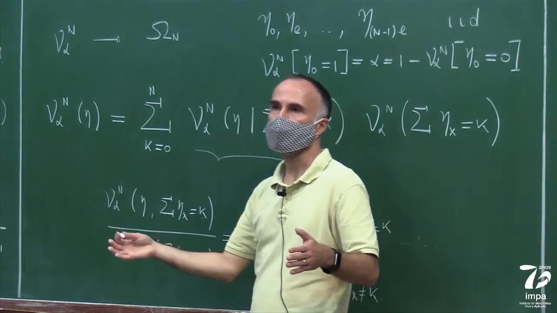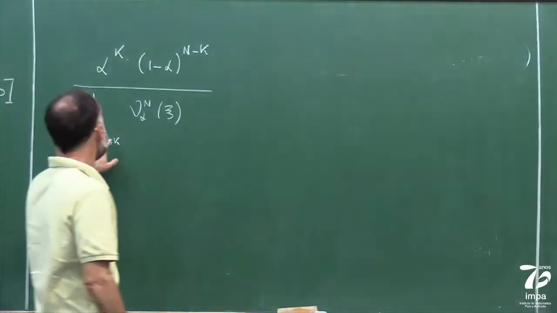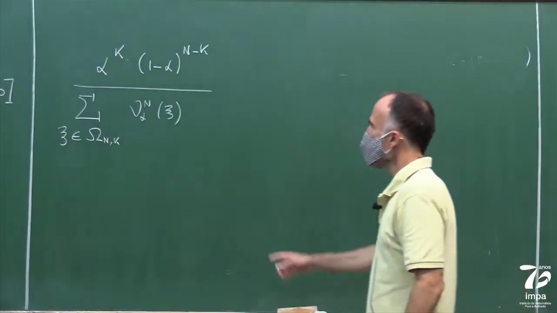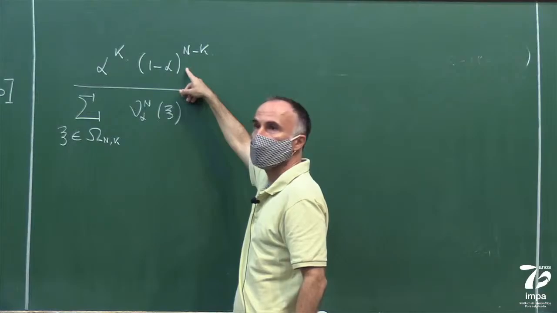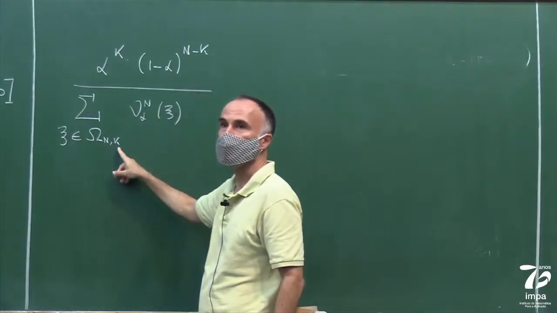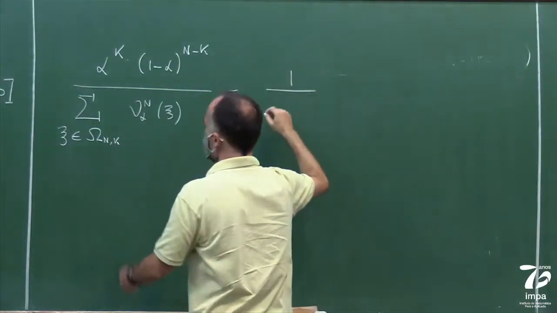Well, the sum over all configurations with k particles and the probability of each one. But the probability of this configuration will coincide with that, because psi has k particles and n minus k holes. And so this is just 1 over the total number of such configurations.